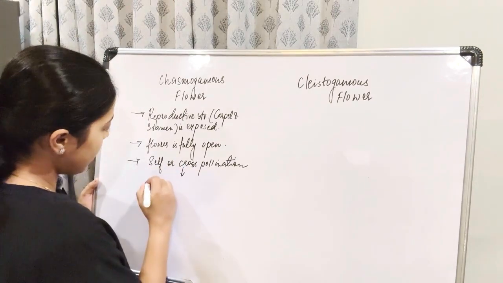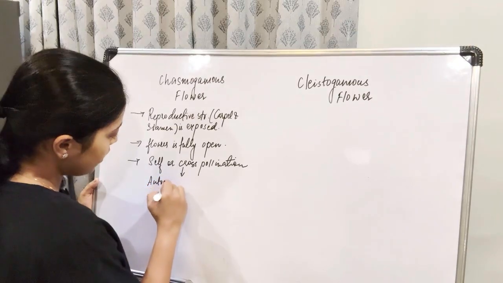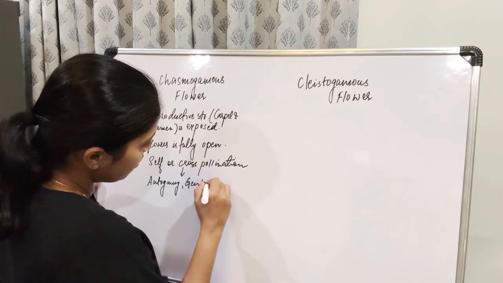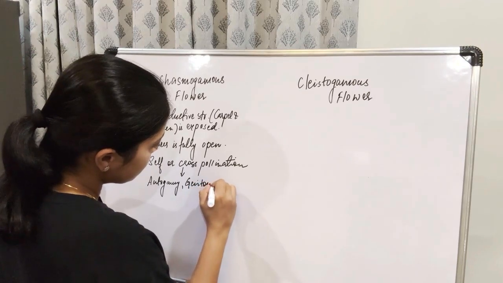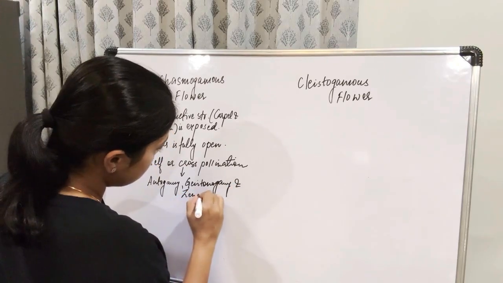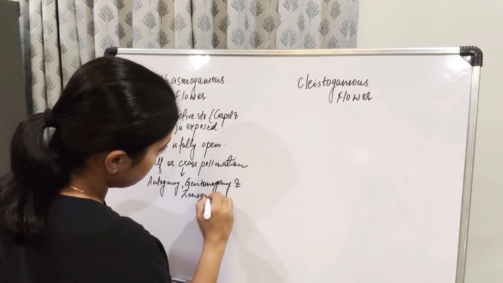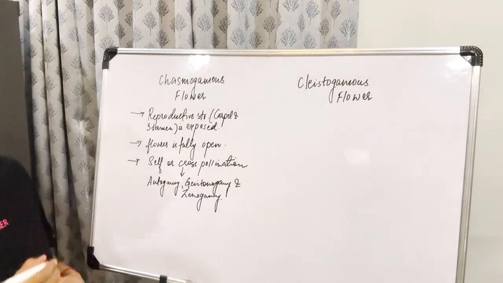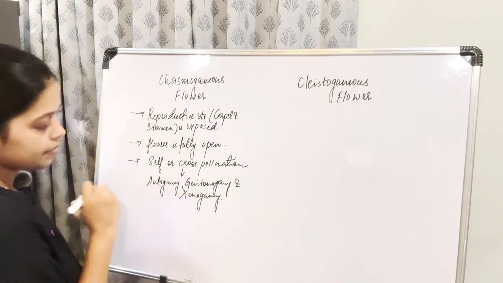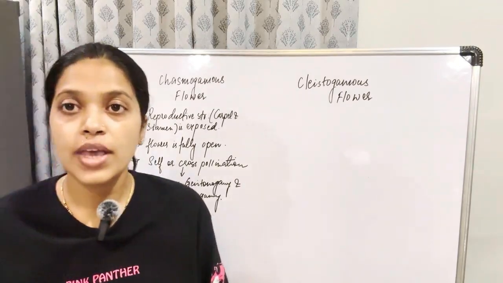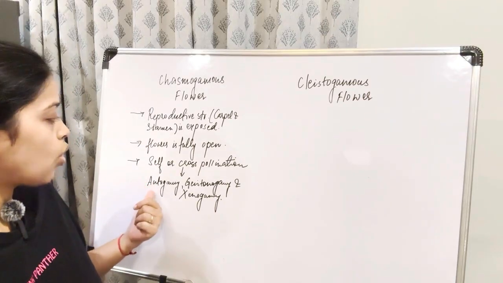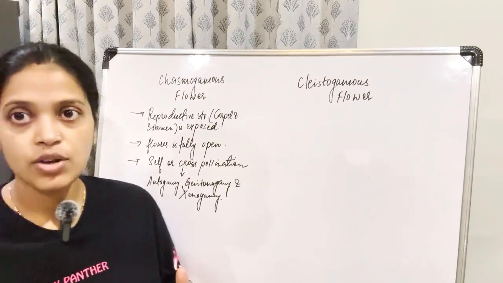That means it can have autogamy, Geitonogamy and Xenogamy. Okay, so here there is a possibility of having autogamy, Geitonogamy or Xenogamy.